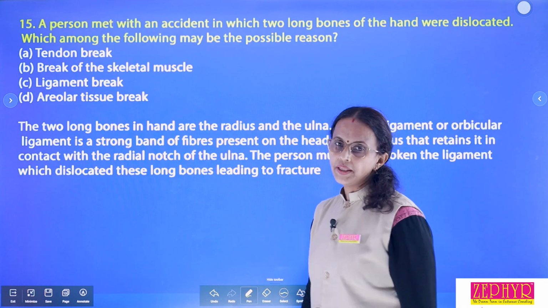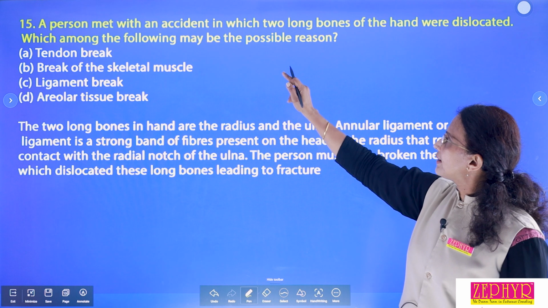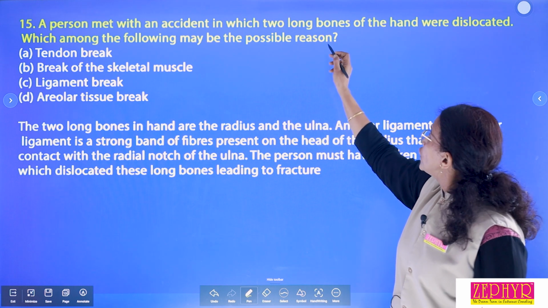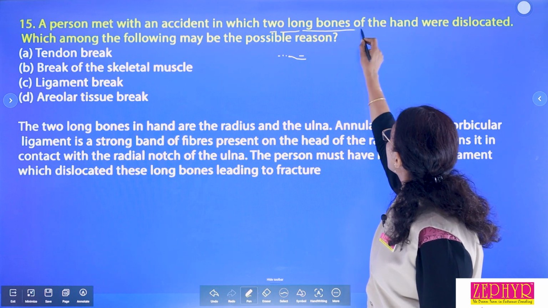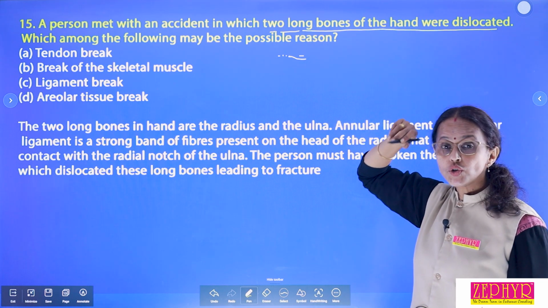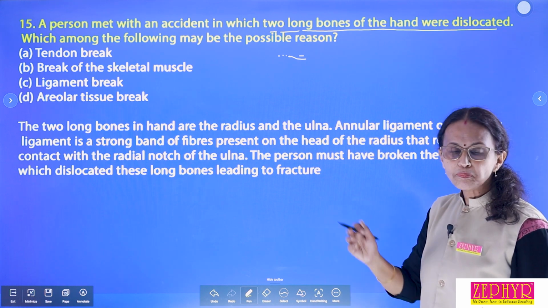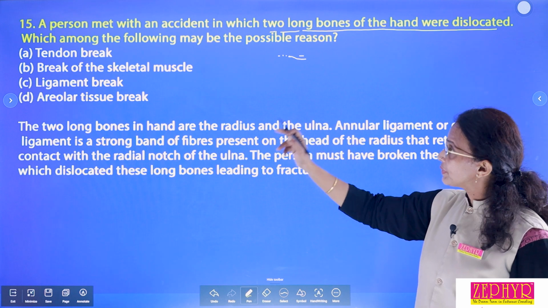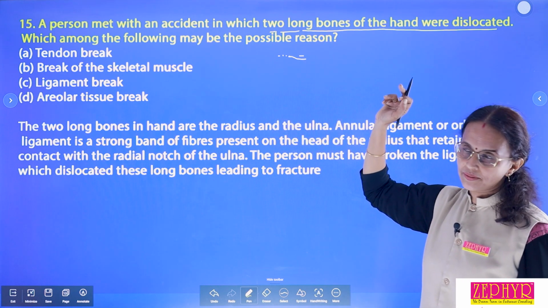Then last question. A person met with an accident in which two bones of the hand were dislocated. The position changed, that is dislocation. Which among the following may be the possible reason?